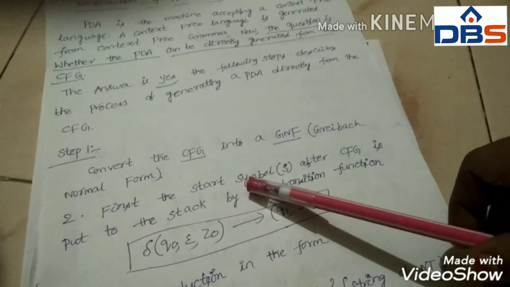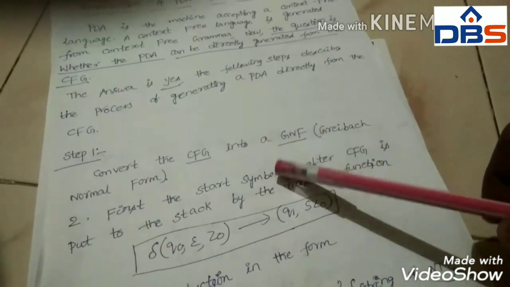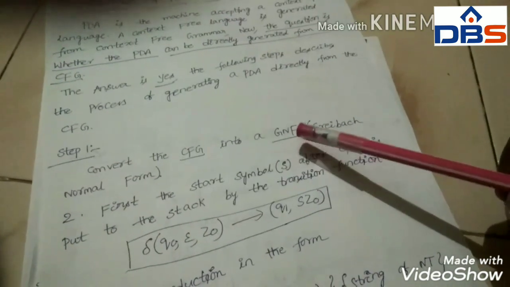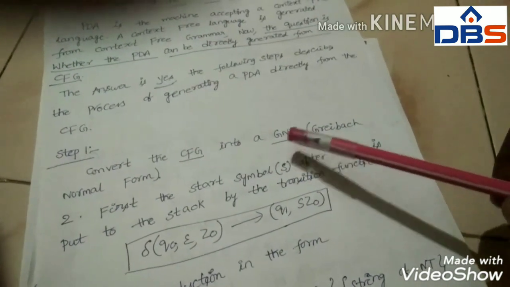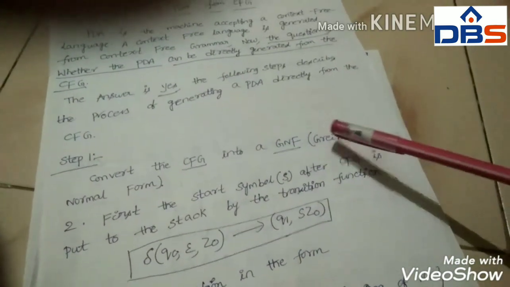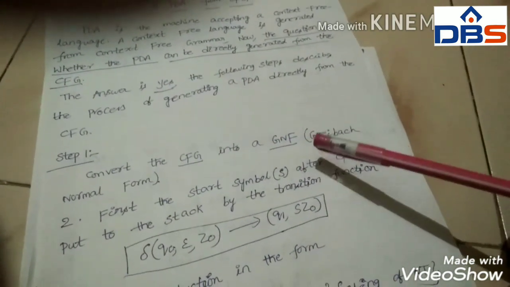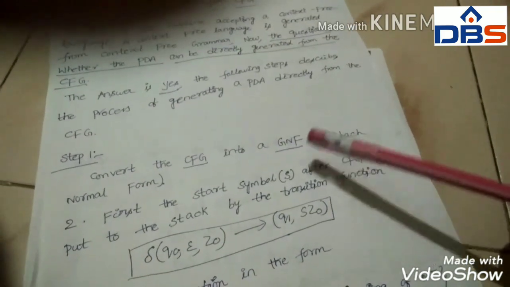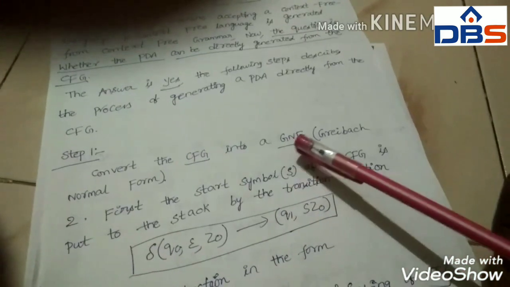If the given grammar has any null productions, useless symbols, or unit productions, you have to remove them. After that you put it in CNF, and then use lemmas to get GNF, Greibach normal form.